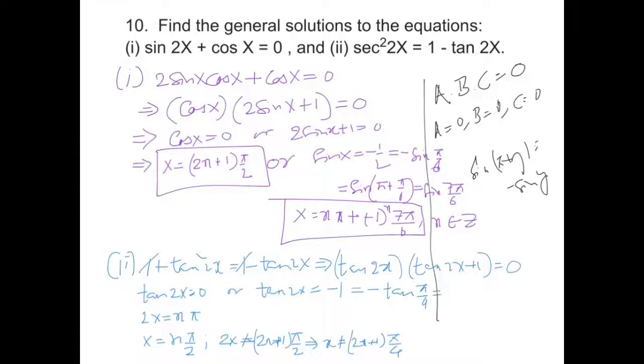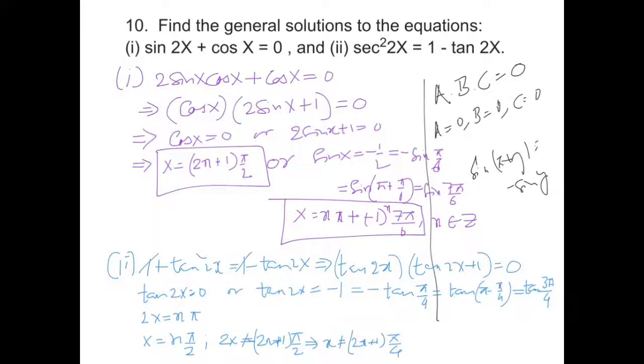And we also know that tan of pi minus y is minus tan y. Therefore we can write minus tan pi by 4 as tan of pi minus pi by 4, which is tan of 3 pi by 4.